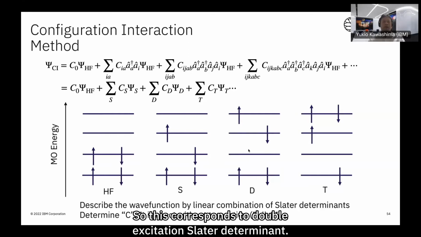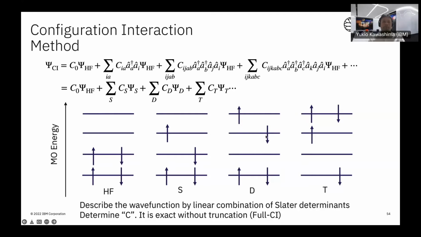So this corresponds to a double excitation Slater determinant. And here again, we have three annihilation operators and three creation operators. So we remove three electrons from the Hartree-Fock determinant, and we add three electrons. So here it corresponds to the triple excitation determinants.